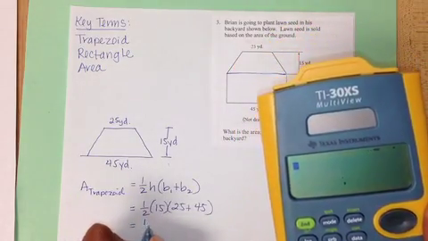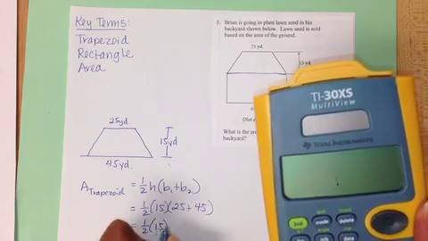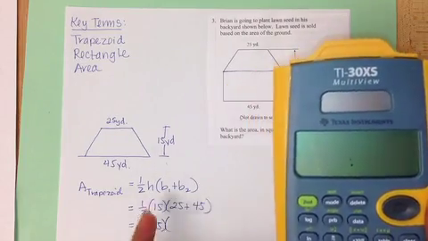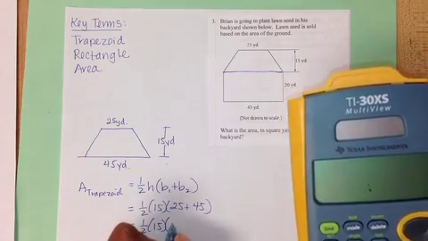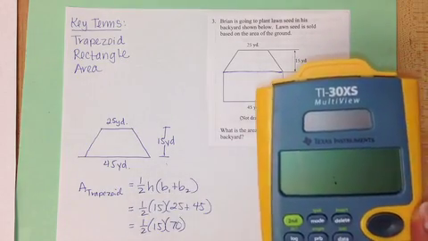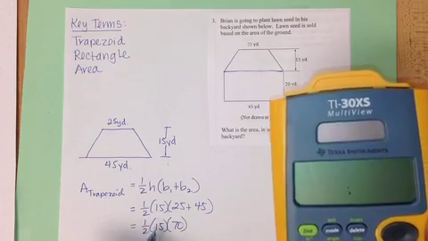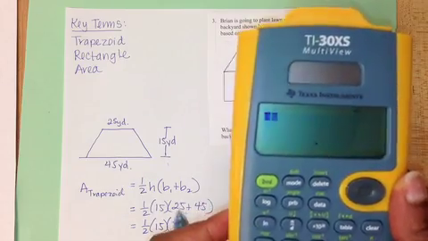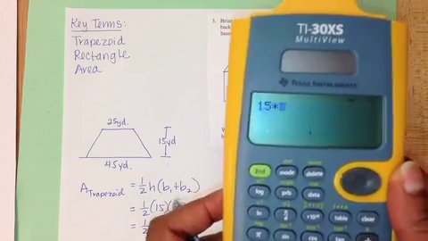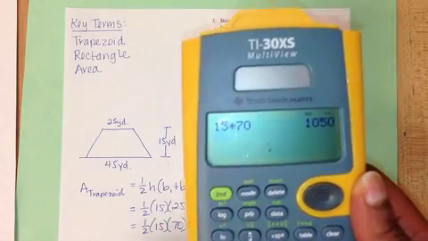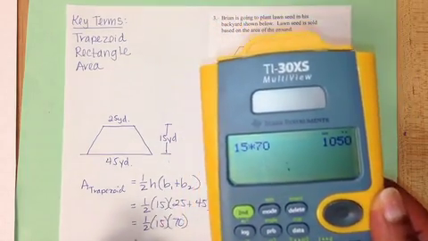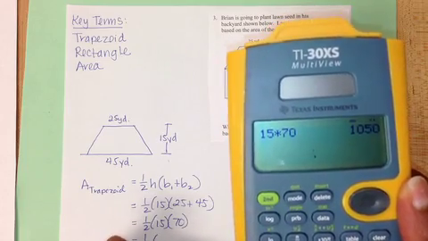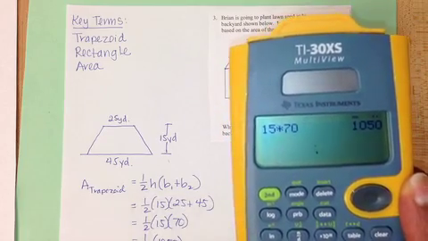So we're going to do parentheses first. So 1/2 times 15, and then 25 plus 45, I know off my head is 70. And now that I have 70, I can just multiply out. So 15 times 70 gives me 1,050. So I have 1/2 times 1,050.